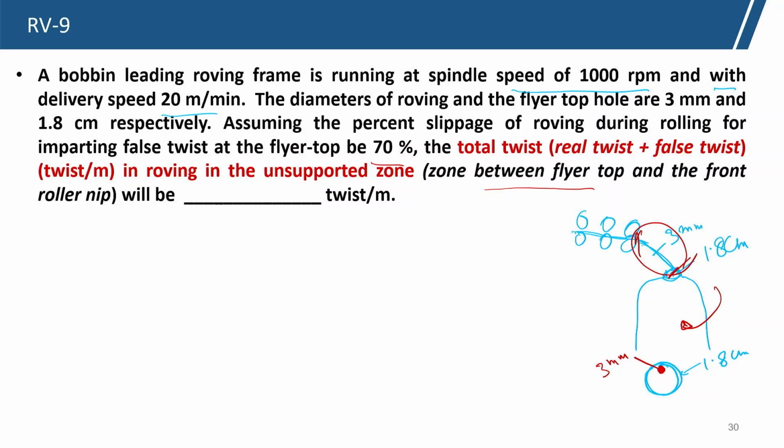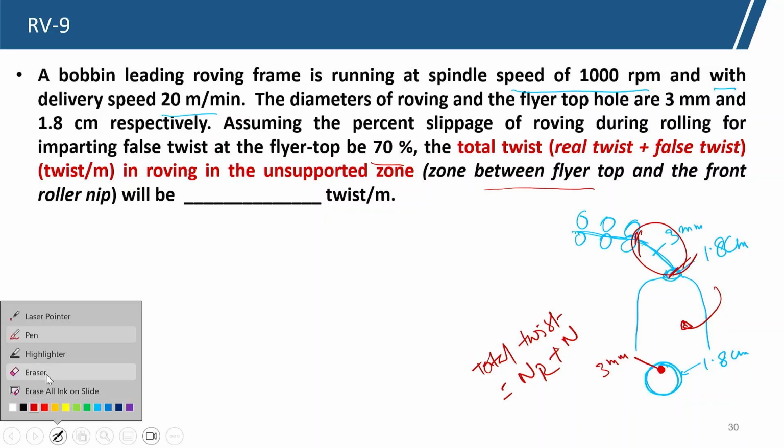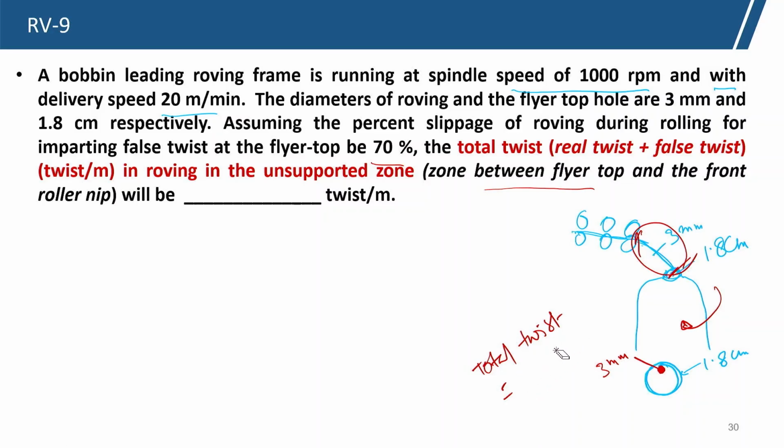Real twist we can calculate simply by dividing the spindle speed by the delivery speed. So, total twist T will be equal to T_r plus T_f, real twist plus false twist.